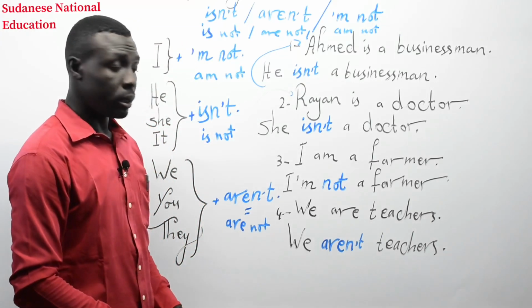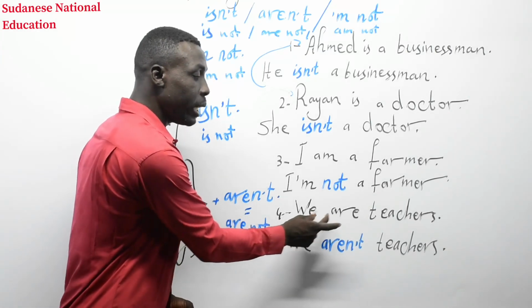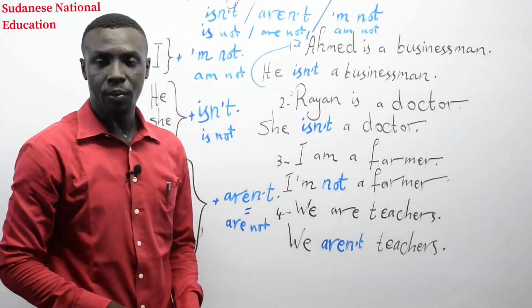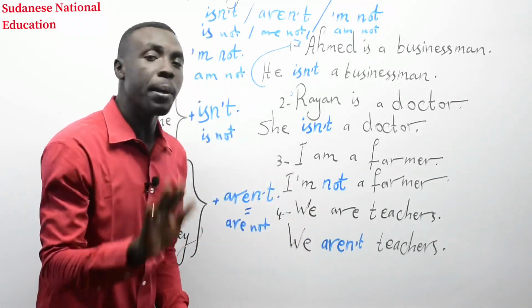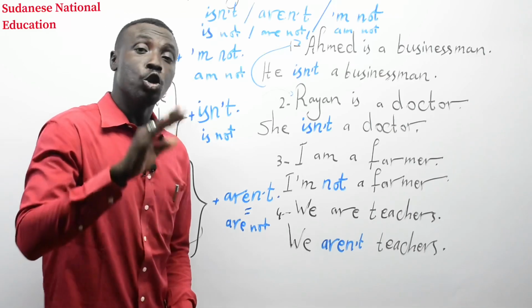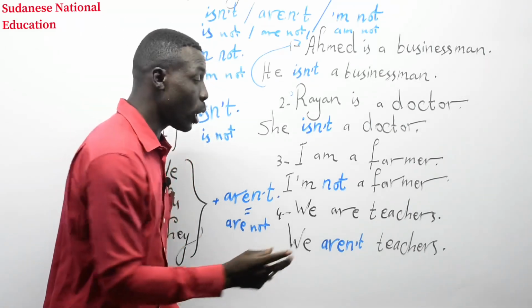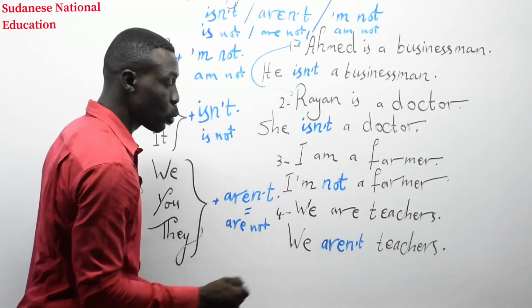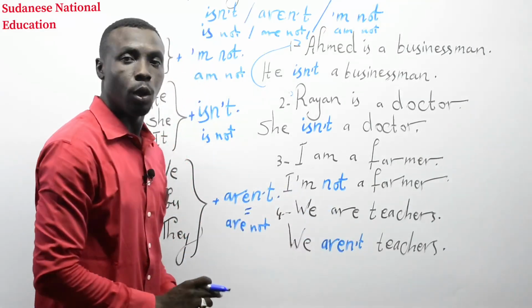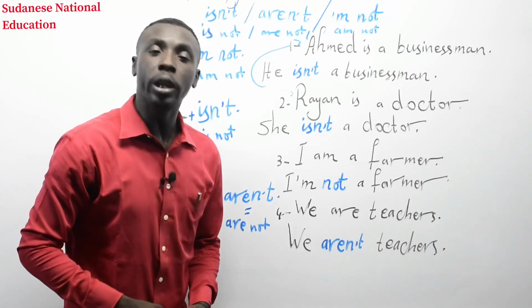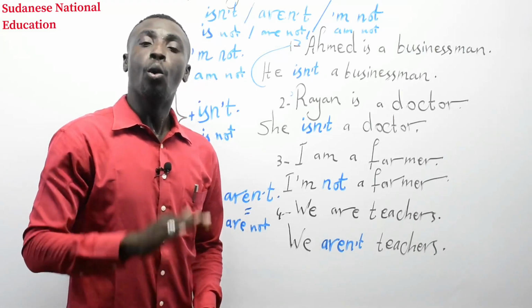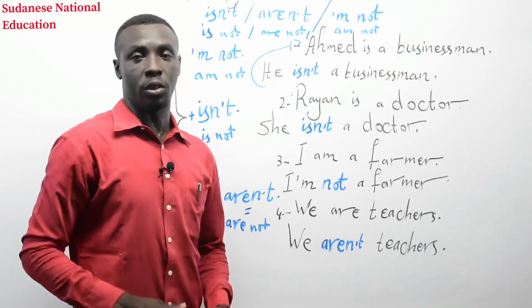Number four, we are teachers. This is a positive sentence. To make it negative, you need to add not. So it becomes we aren't teachers.